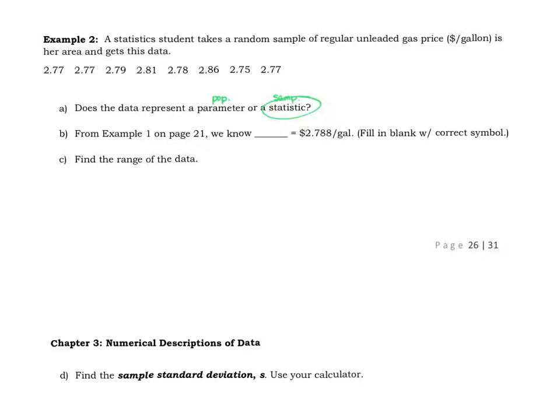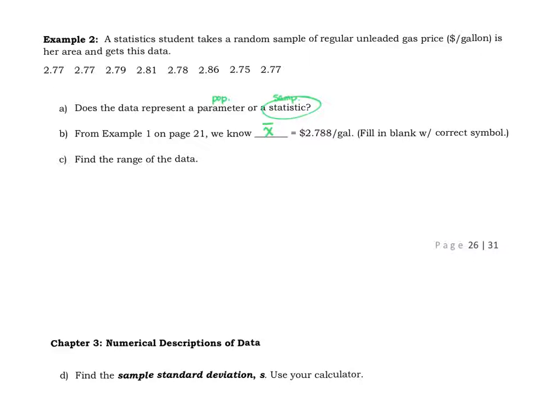From the example before, we know that the mean is $2.788 per gallon. The symbol for that, remember, the mean is x bar. And then we're going to find the range of the data.